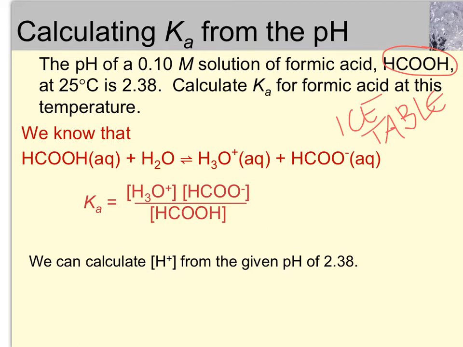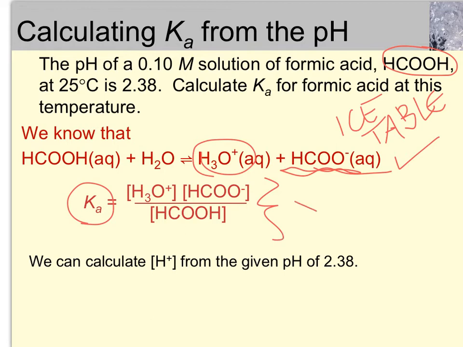You always want to start out these problems by writing the balanced chemical equation, in this case for an acid, so hydronium is always going to be one of the products, and then the leftover anion, the conjugate base. Write then the expression for Ka. I can't emphasize enough the importance of writing out this expression for Ka before you plug in values.